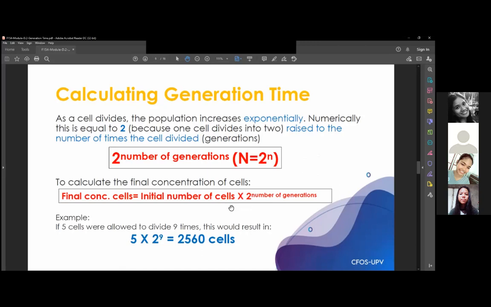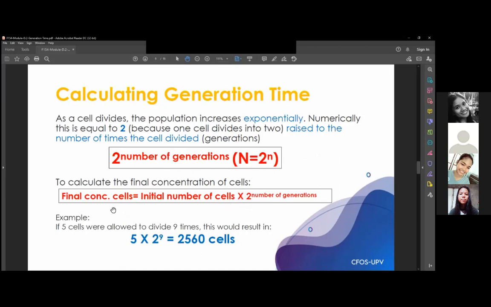Okay, so as a cell divides, the population increases exponentially. Now, numerically, this is equal to 2 because 1 cell divides into 2. So, ito yung formula natin. So, the exponent tells us the number of times the cell divided, called the generations. Kung ilang beses siya mag-double.